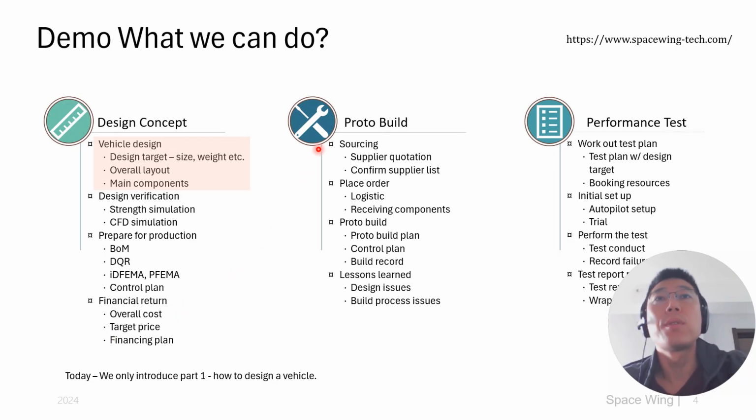Especially we will introduce the prototype build, sourcing, placing orders, prototype build, and lessons learned. We also will introduce the performance test, such as how to work out a test plan, the initial setup, performance testing, and the test report.